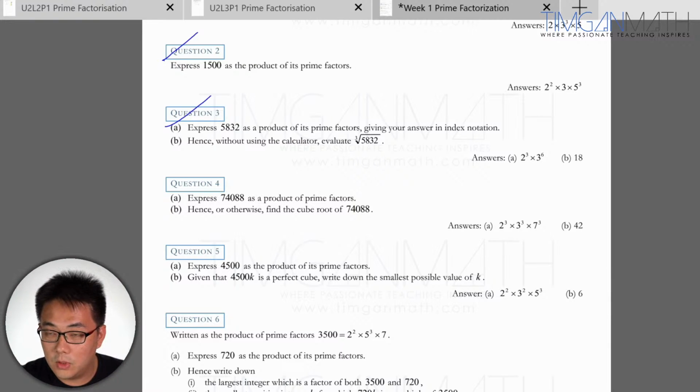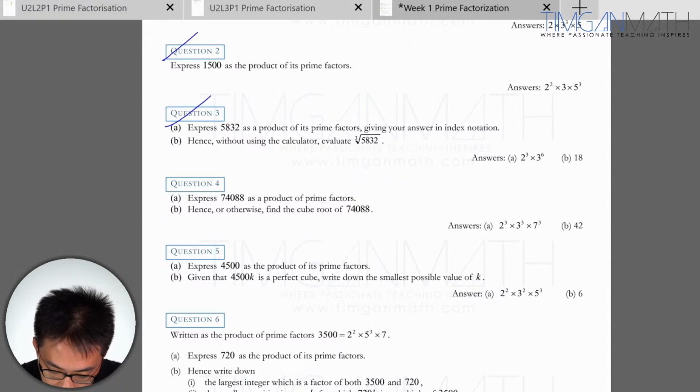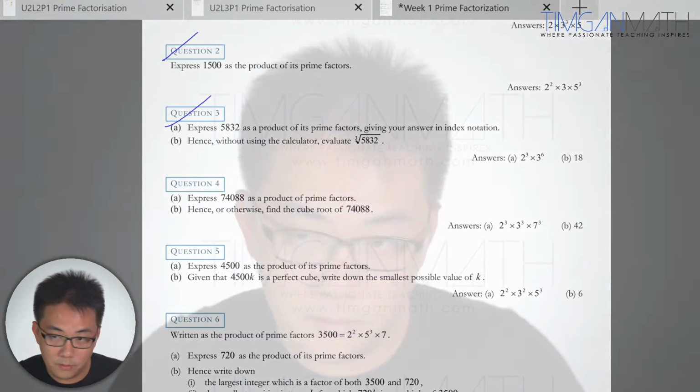Okay, let's look at the subsequent one, which is question 4. Question 4 is also from the same set. Let me just flip it up. Hold on.